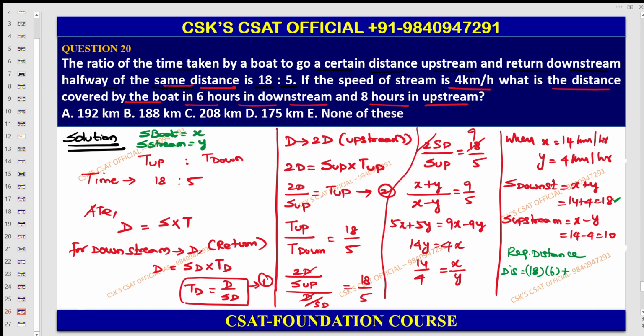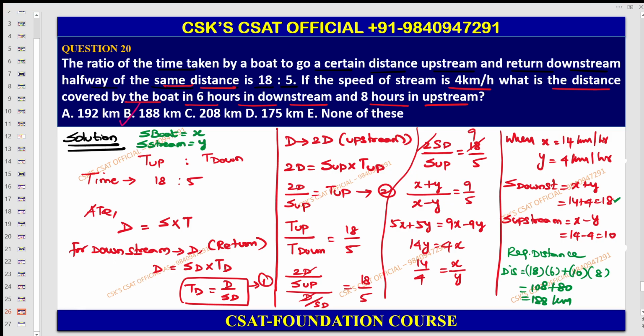What is the upstream speed here? 10 km per hour, that is nothing but the speed of the upstream. What is the time duration here? 8. So now 18 into 6 becomes 108. This is nothing but 80. So 188 kilometers. Answer is B.